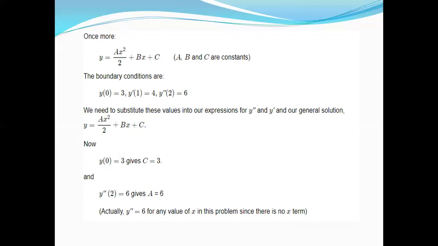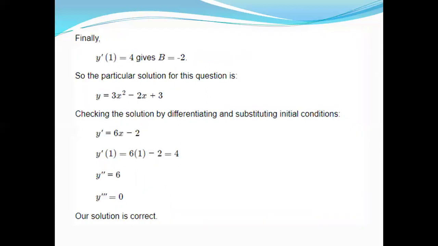Now y(0) is equal to 3 gives c is equal to 3, and y double dash(2) is equal to 6 gives a is equal to 6. So y double dash is equal to 6 for any value of x in this problem since there are no x terms. Finally, y dash(1) is equal to 4 gives b is equal to minus 2. So the particular solution for this equation is y is equal to 3x square minus 2x plus 3.